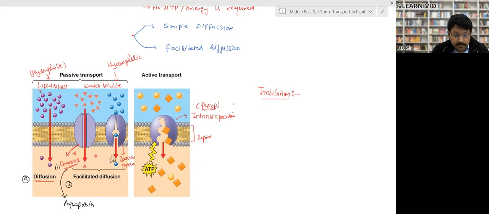Example: seeds and dry wood absorb water.